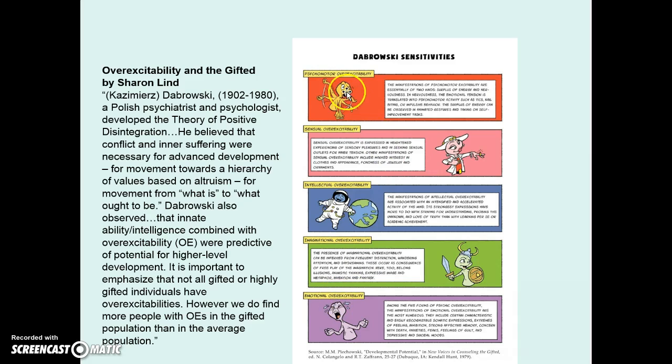And if you look at, for example, psychomotor overexcitability, it can essentially be a surplus of energy and nervousness. The emotional tension is translated into psychomotor activities such as tics, nail biting, or impulsive behavior. Surplus of energy can be observed. So it can look like ADHD a lot, and we see this in a lot of gifted children as well.